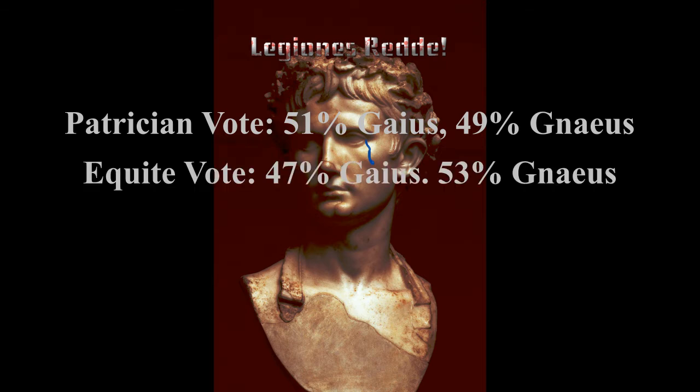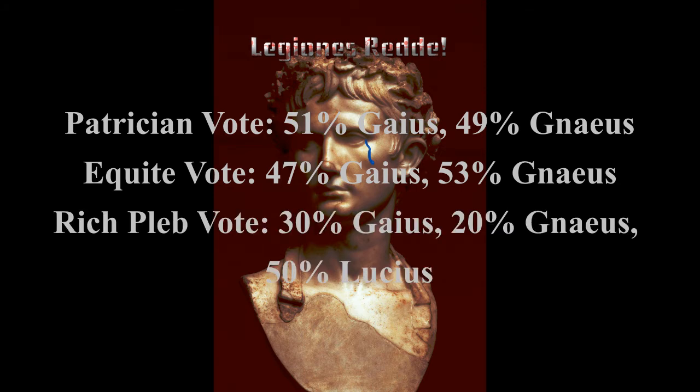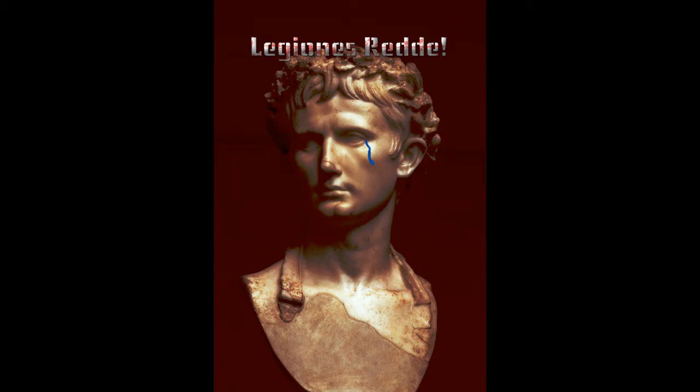Next comes the equites, who vote 47% for Gaius, 53% for Gnaeus. And the rich plebs, yes, that is a class, vote 30 Gaius, 20 Gnaeus, 50 Lucius. But it doesn't matter, because the votes given to Gaius and Gnaeus pushed Gaius over the halfway point, therefore voting is over. And Gnaeus, coming in second place, will be his co-consul.